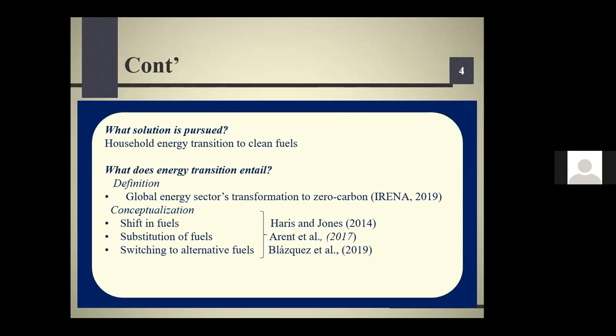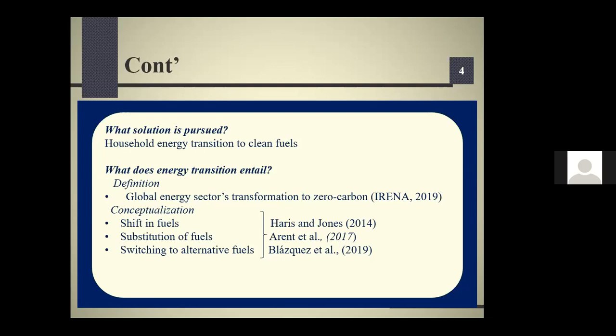The International Renewable Energy Agency, IRENA, defines energy transition as a pathway to transforming the global energy sector. Ideally, the concept here is to move the global energy sector from fossil-based to zero carbon. So that is the ideal situation, according to IRENA.